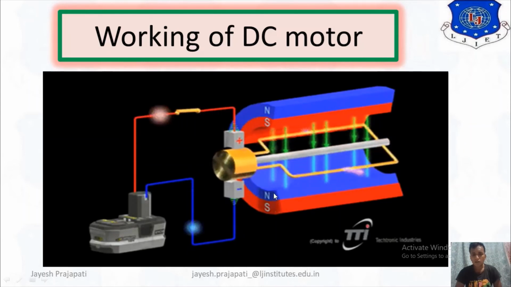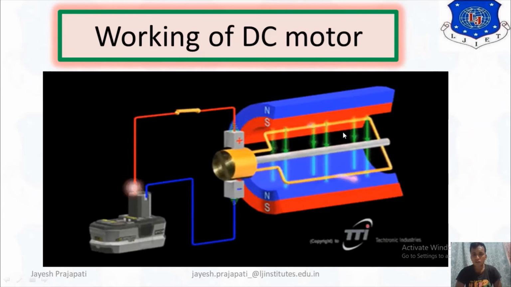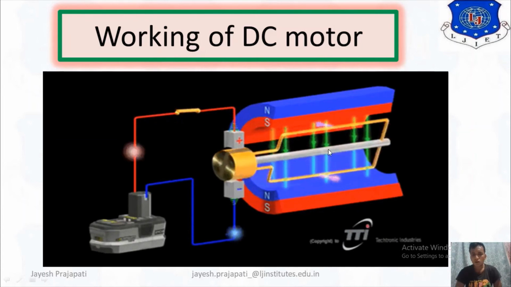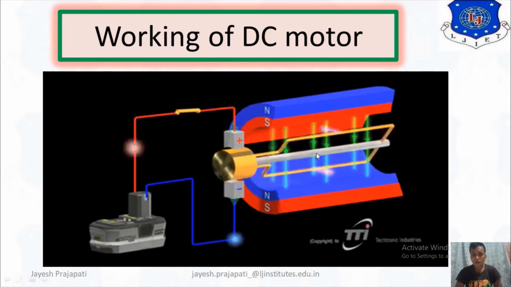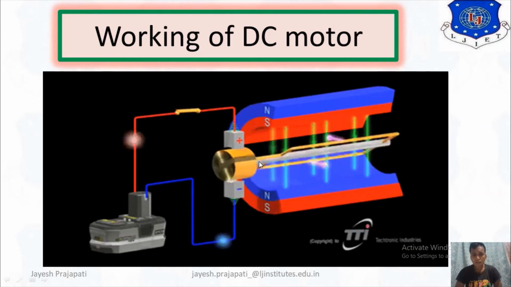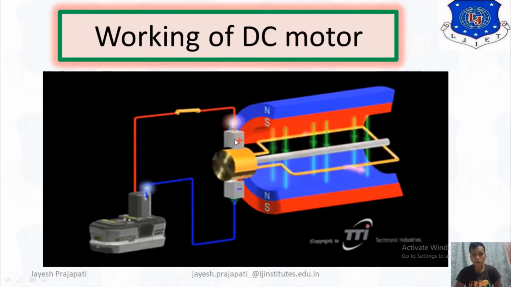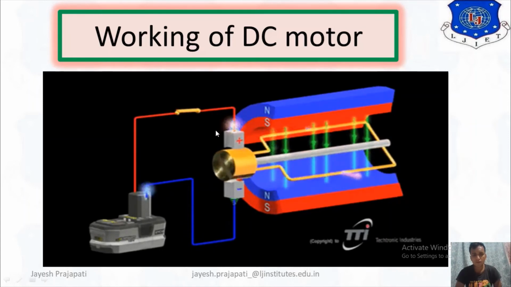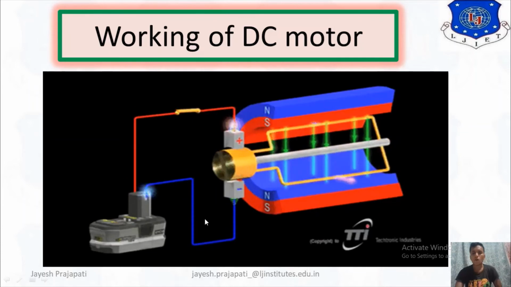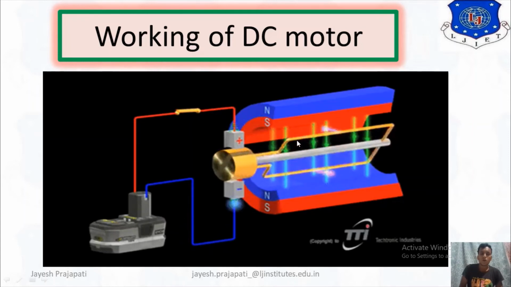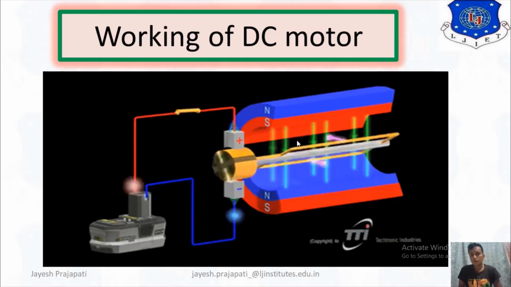And the rotating part is the armature, and the center part is the shaft. The armature winding rotates and it is connected with the commutator, and on the upper side of the commutator there are brushes, and via brushes a DC supply is given to this motor. So that is the actual working of the DC motor in the animated view.